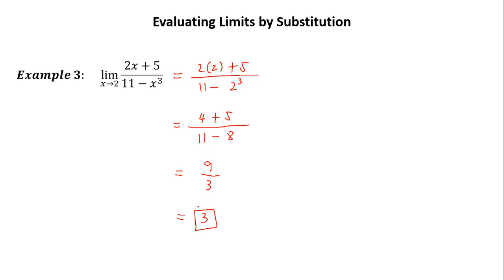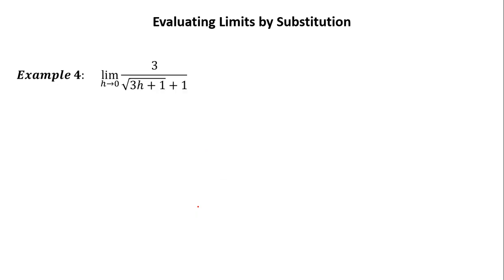Alright, so we have now example number 4. Okay, so this one is different from the first 3 examples because this now involves a radical. Okay, so what can we do now? Again, you have to check whether we produce a 0 over 0 or a 0 at the bottom. Okay, so if we substitute 0, obviously the denominator does not become 0, right?